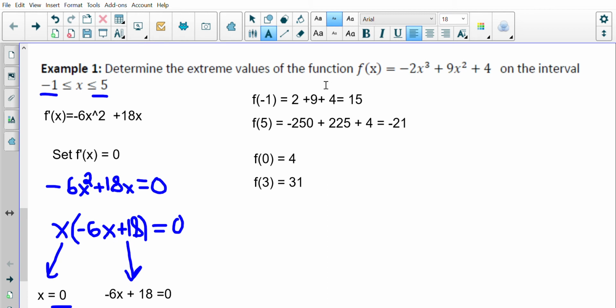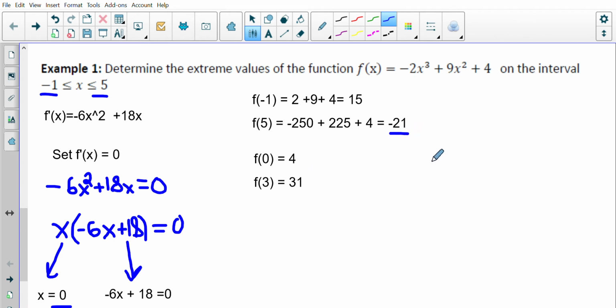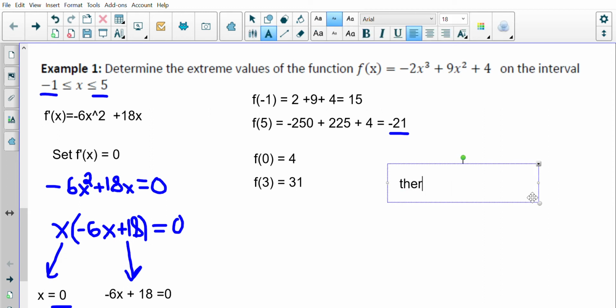All right, so now I compare my values. So for a minimum, what's the lowest? We've got negative 21. So a max value happens to be an absolute value, that's what we're looking for. Oh, I got a min here, not max yet.